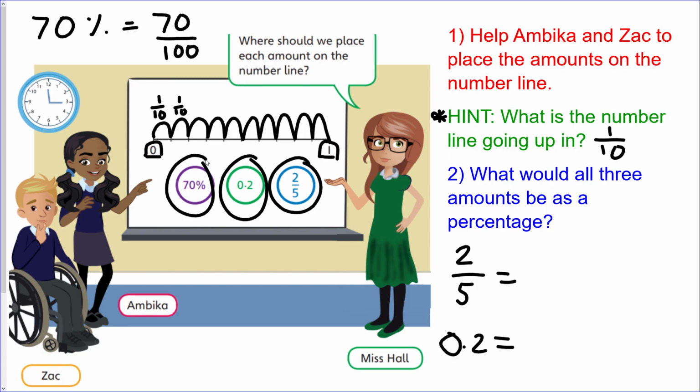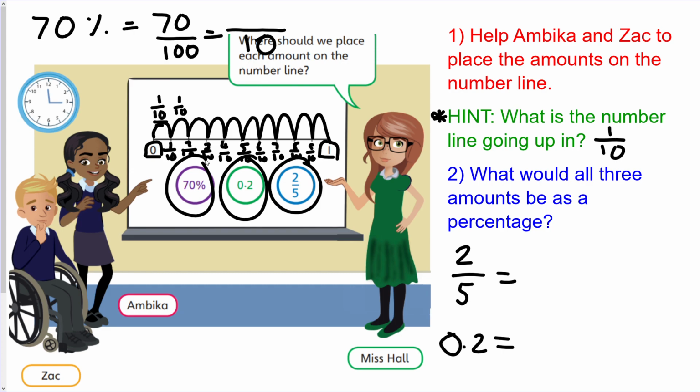But we know our denominator in our number line is always going to be in tenths, so I can label this with 1/10, 2/10, 3/10, 4/10, 5/10, 6/10, 7/10, 8/10, 9/10. So I can see that every single amount on that number line has a denominator of 10. So I want to convert my 70/100ths into a fraction which also has a denominator of 10.